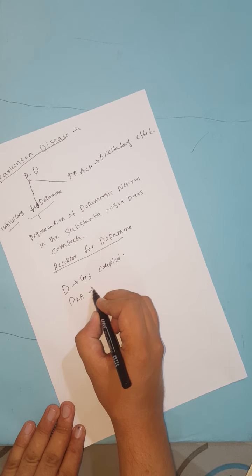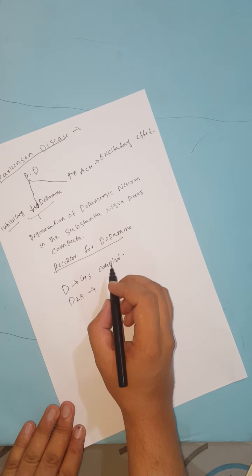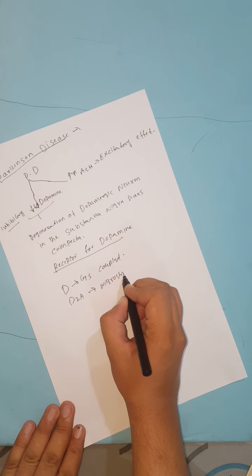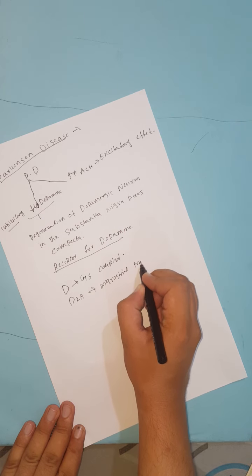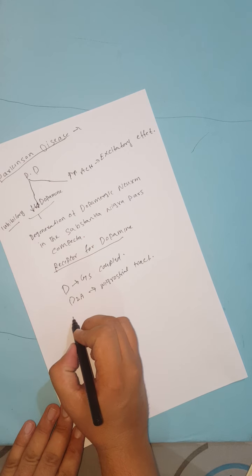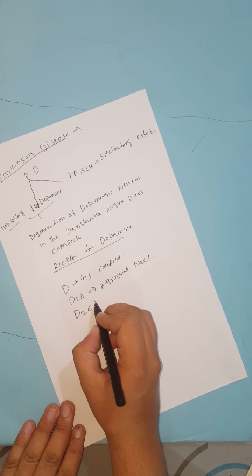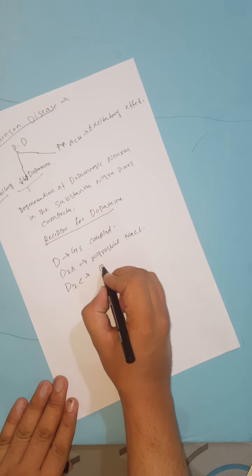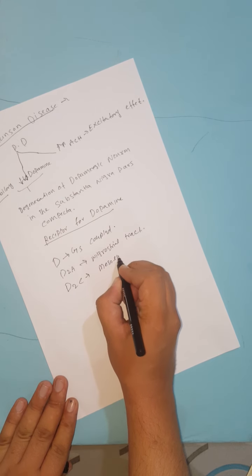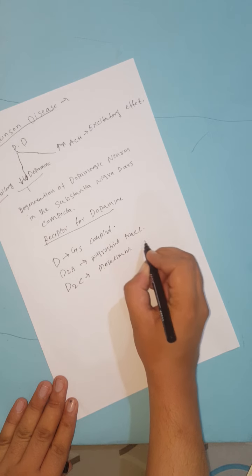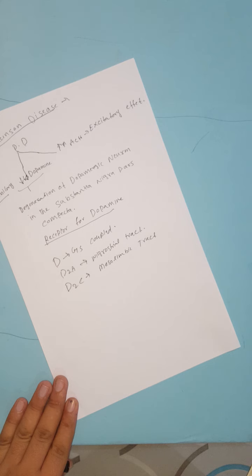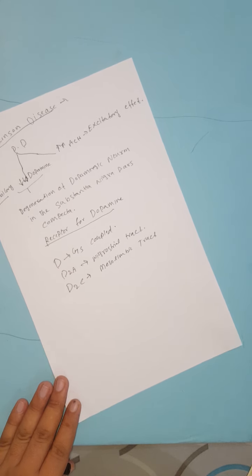D2A are present in the nigrostriatal tract and D2C are present in the mesolimbic tract.